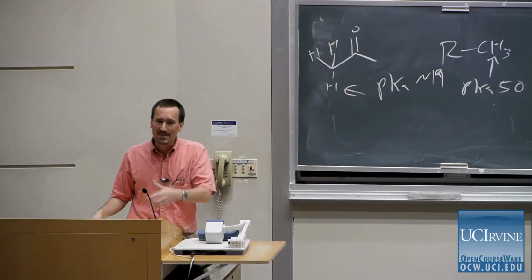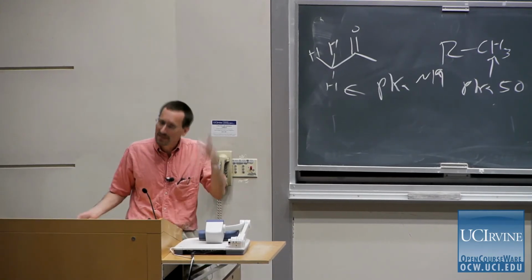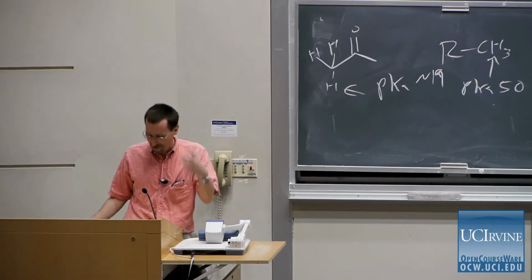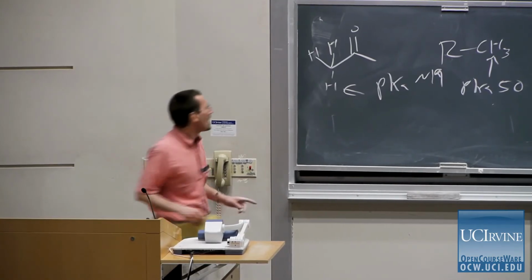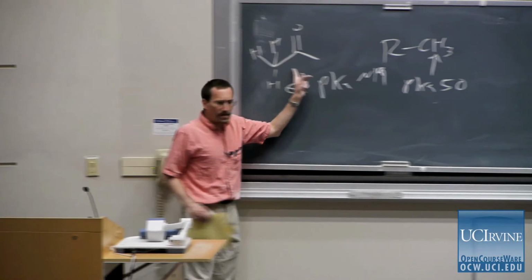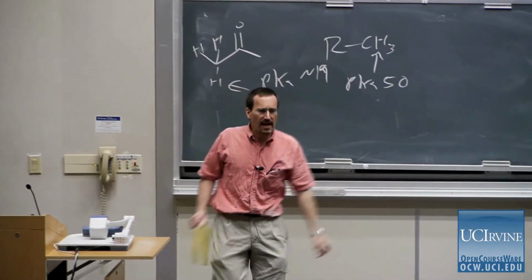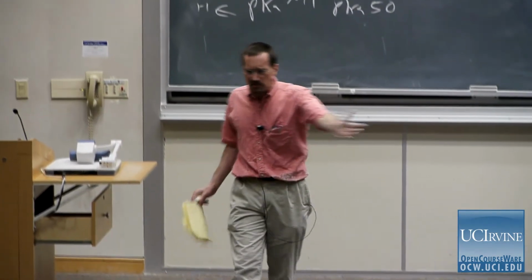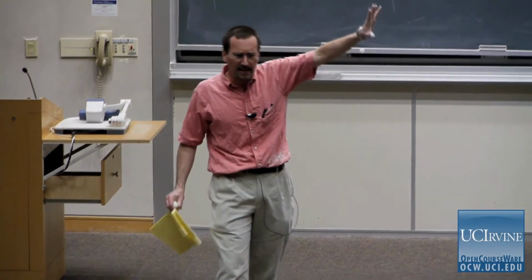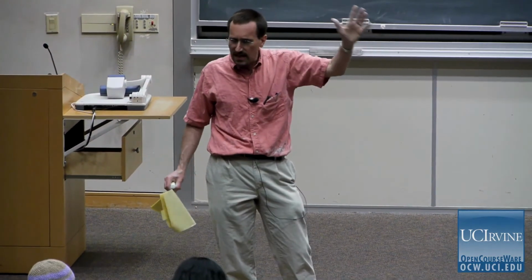It's only acidic in the sense that you can think of its conjugate base as being a very, very, very strong base. And yet, by the time you get over to acetone, putting that carbonyl there shifts by 31 orders of magnitude the acidity of that proton.